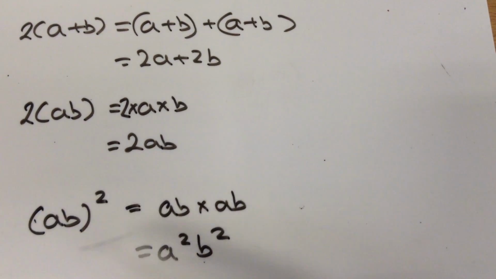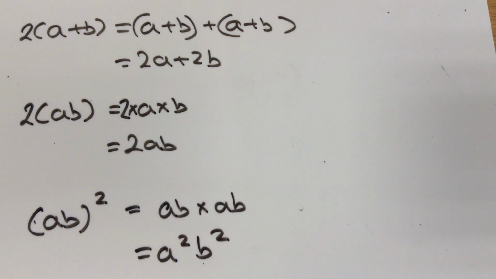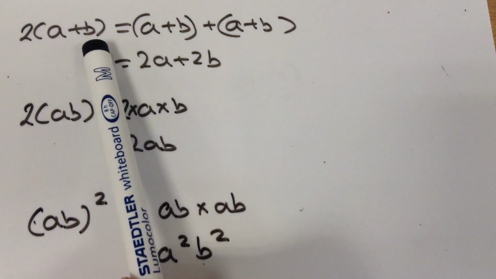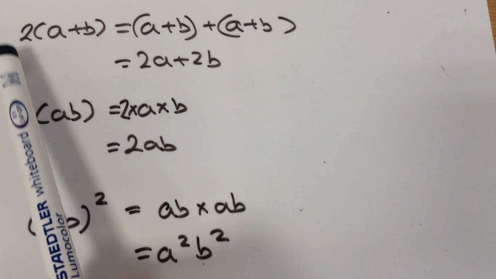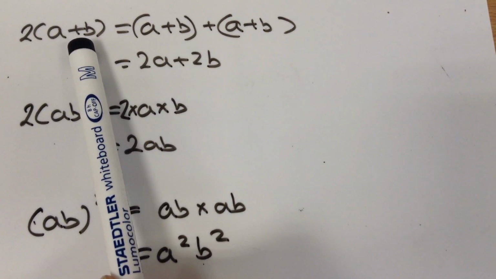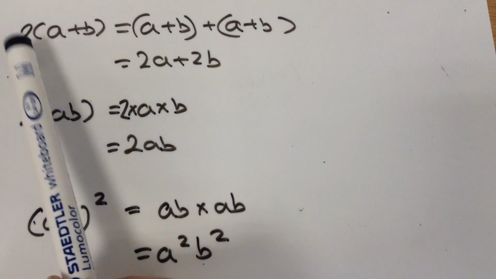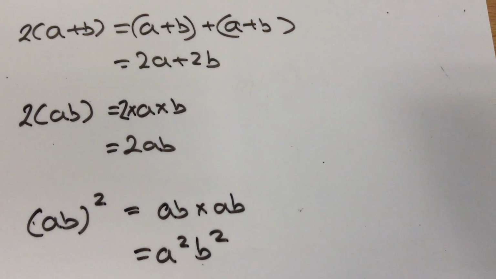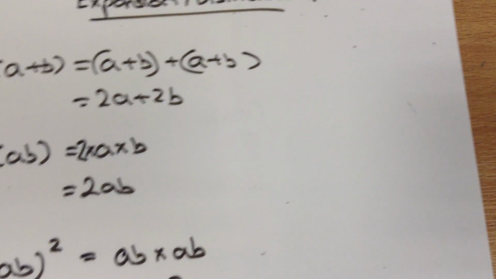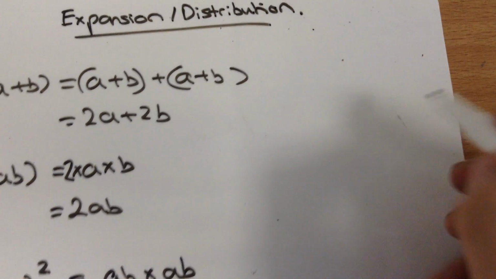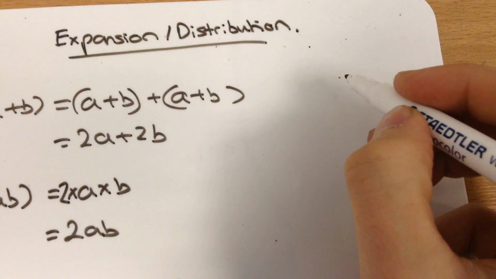So, looking at these examples, you'll see that the bracket will distribute whatever is outside the bracket into the bracket when the operation outside is one operation higher than the inside. What I mean by one higher is that if you look at your BEDMAS or BIDMAS or BODMAS, depending on wherever you learned.